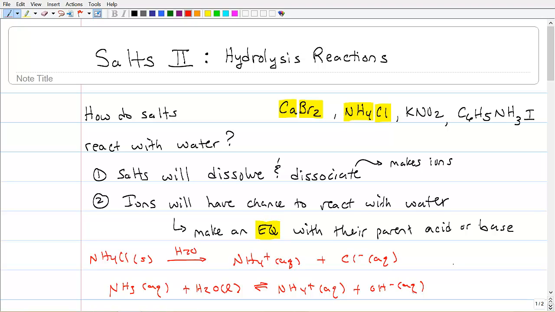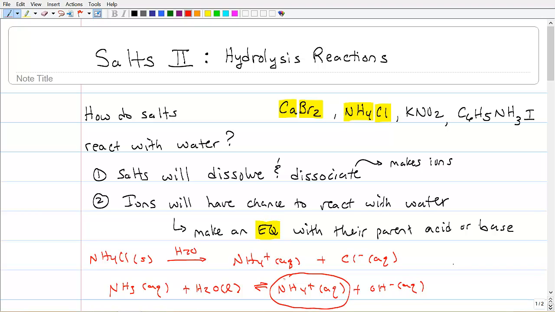You may also remember that we called NH4 plus the conjugate acid. We did this because it's conjugate to the NH3 in the sense that one of these things cannot exist in water without the other. In general, there's not a lot of the NH4 plus around in this equilibrium, and we know that because of the small equilibrium constant for ammonia.